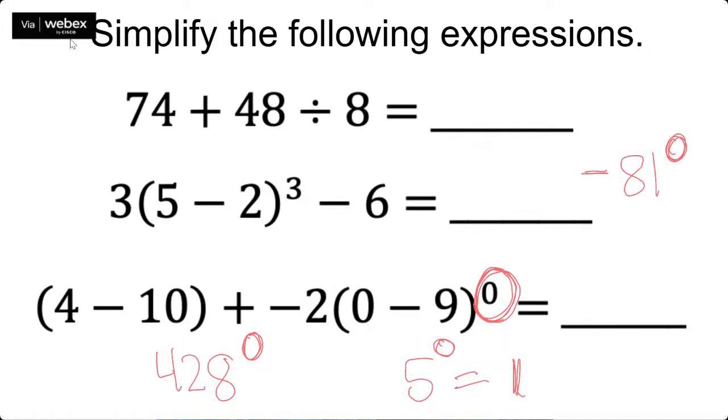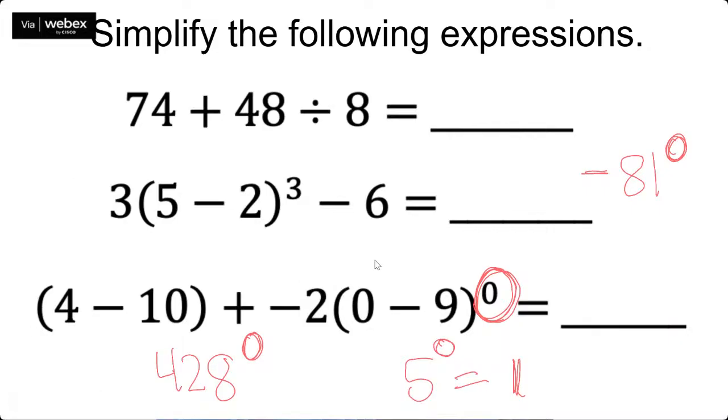This is a great time for us to look at calculator skills because any number to the 0 power is going to equal 1. Any number to the 0 power, whether it's negative or positive, is going to equal 1.